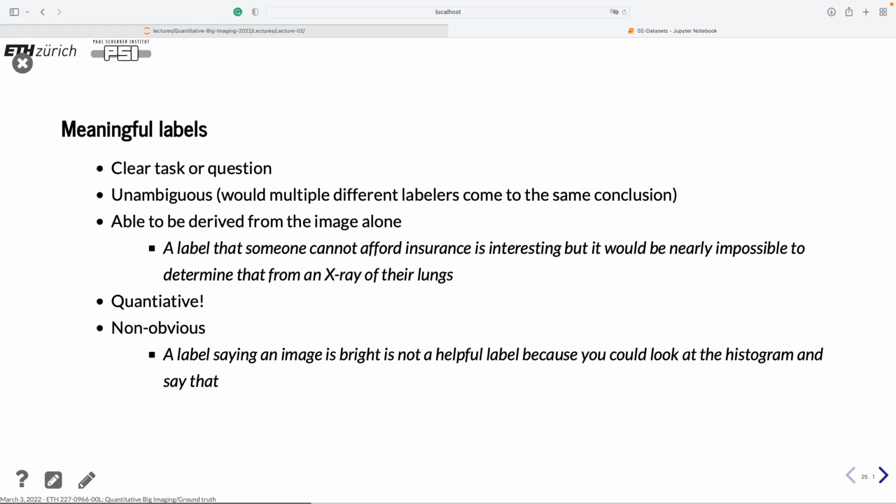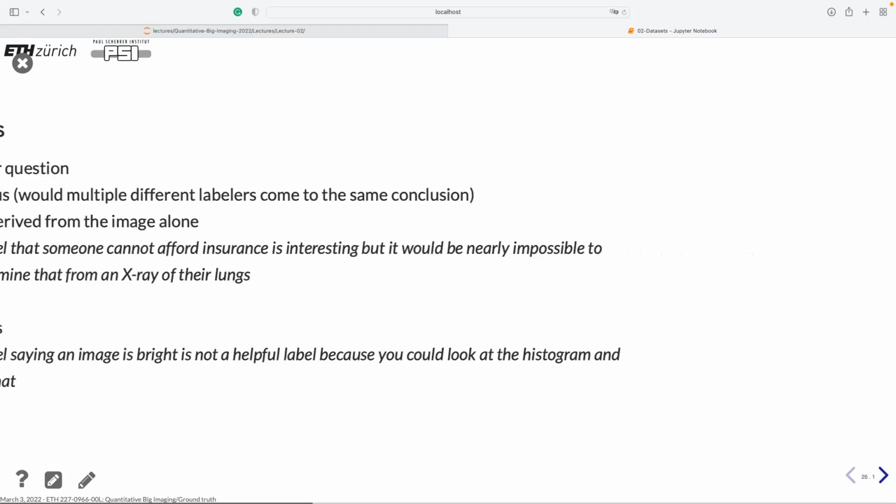If you say this image is bright, you can measure it very easily. Or you can say that this object is small. Sure, it's small. You can measure the area. So you don't have to give that kind of labels unless you have a very, very good reason.